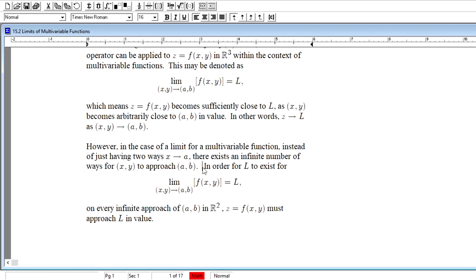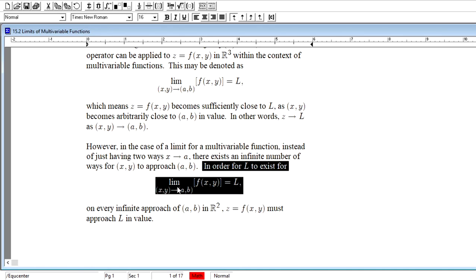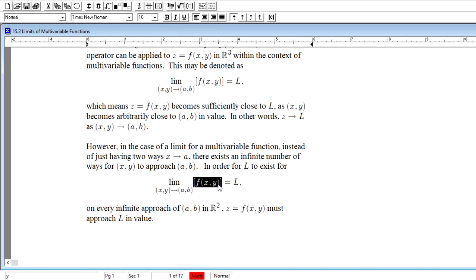Furthermore, in order for L to exist, in the statement that the limit as x, y approaches a, b for f of x, y is equal to the value of L, z equal to f of x, y must approach L in value on every infinite approach of that coordinate a, b in our two-dimensional domain, which is, let's say, contained in two-dimensional space.